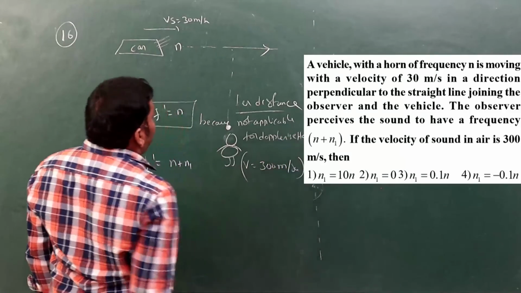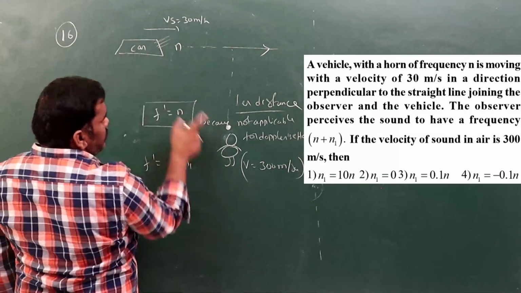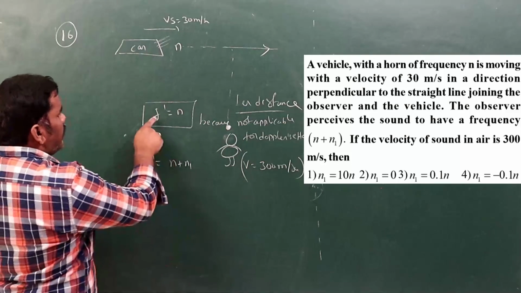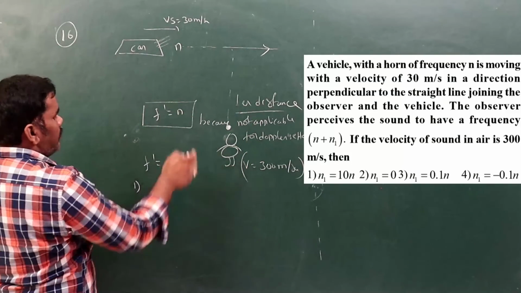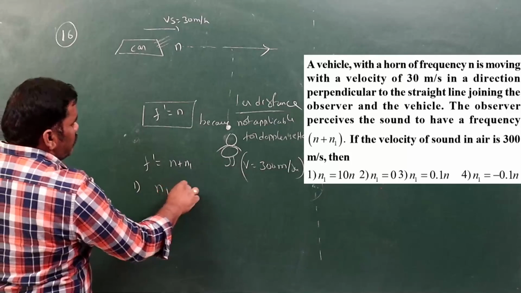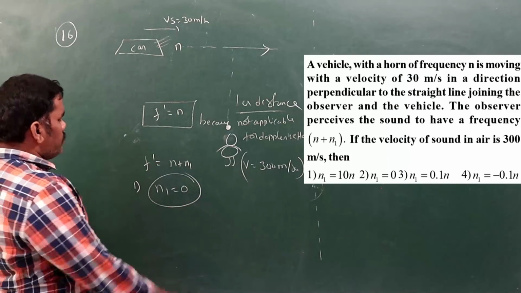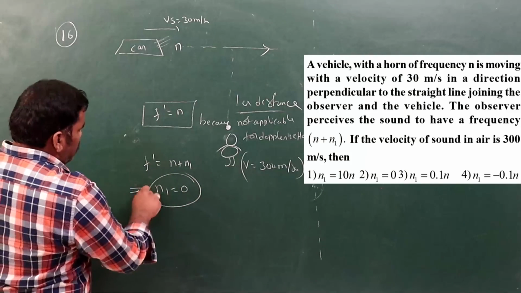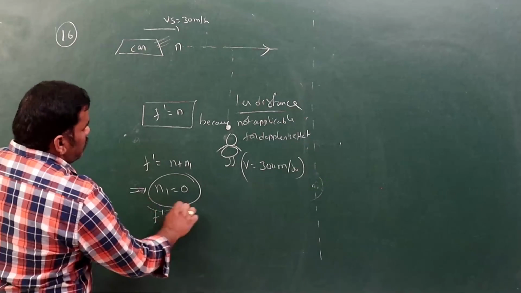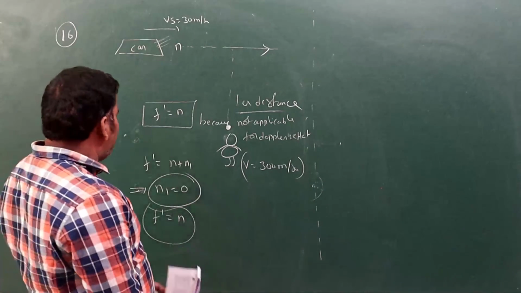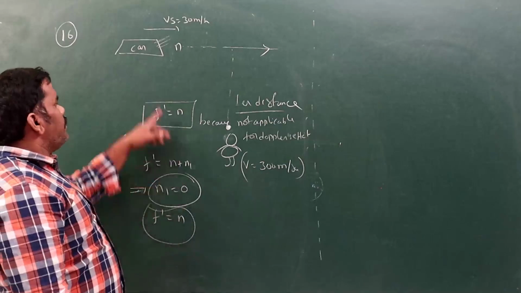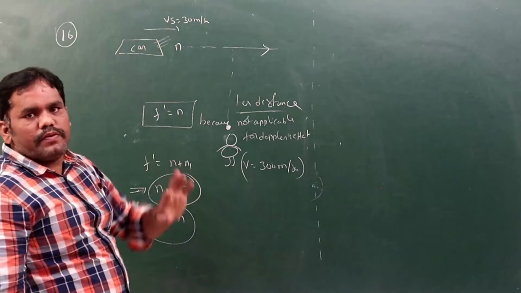In this case n1 is equal to how much? 0. So f dash is equal to n, the apparent frequency is nothing but the original frequency produced by the source.